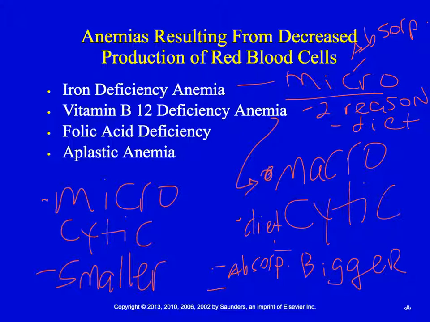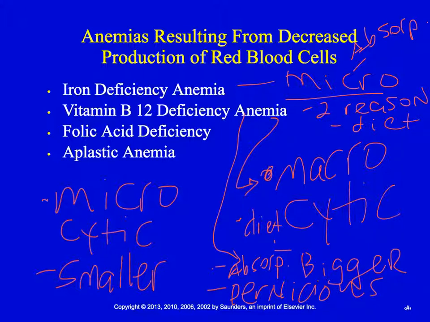That person who has vitamin B12 anemia with an absorption problem has a more specific type of anemia, and it's called pernicious. Pernicious anemia patients are the ones missing the intrinsic factor. It's treated the same way, except we couldn't give them more B12 in their diet because they're not going to absorb it, because they don't have the intrinsic factor to absorb it. So they would need B12 injections. They need an alternate route for their B12 supplement.